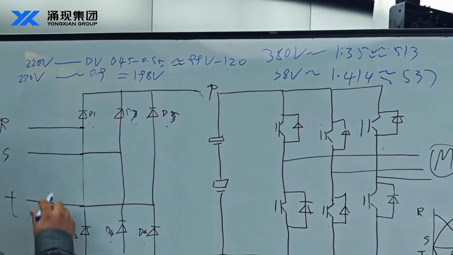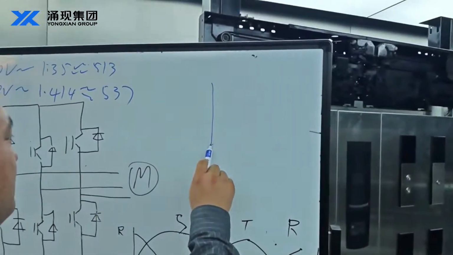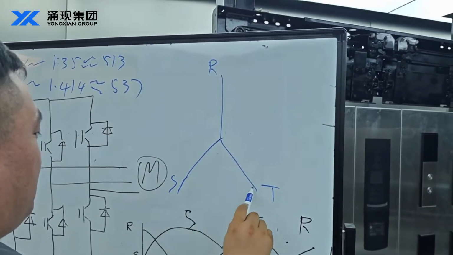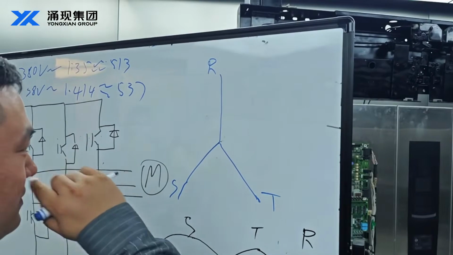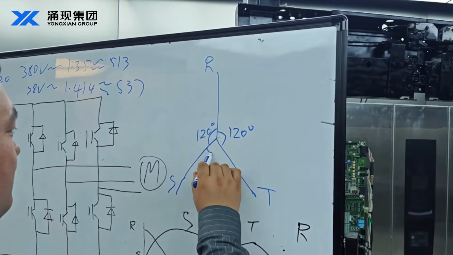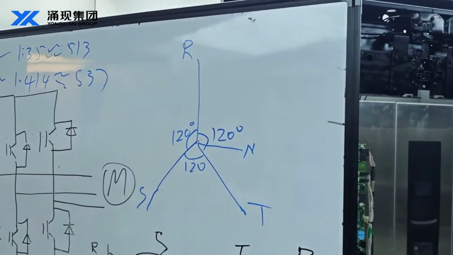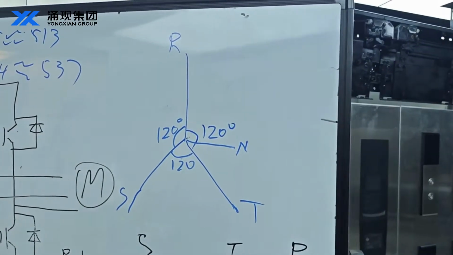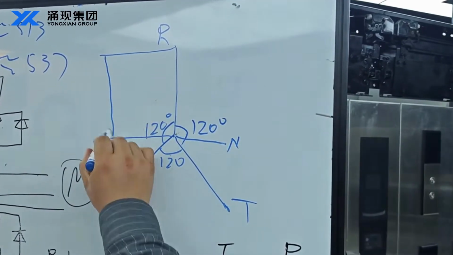Now let's see how this 120 degrees comes about. Our generator is also connected in a star connection, so the angles are 120 degrees apart. We can see this triangle is made of R, S, T, and each angle is 120 degrees.